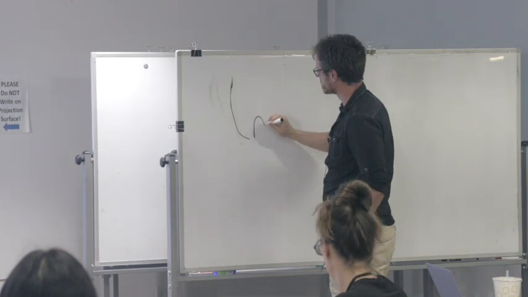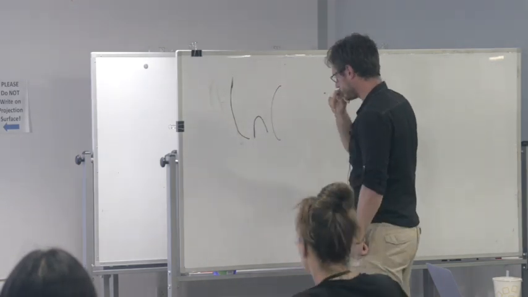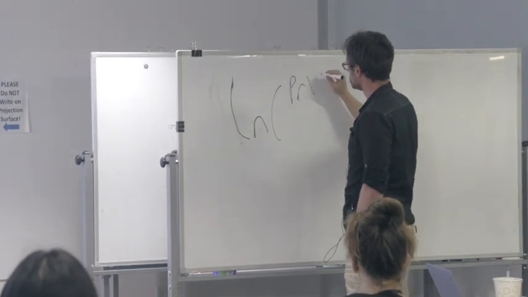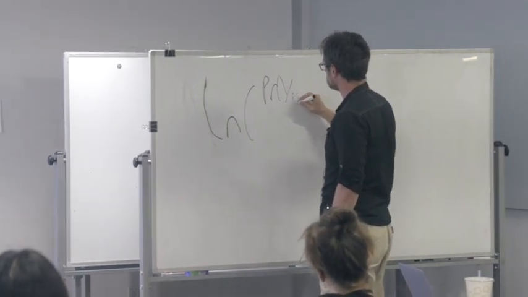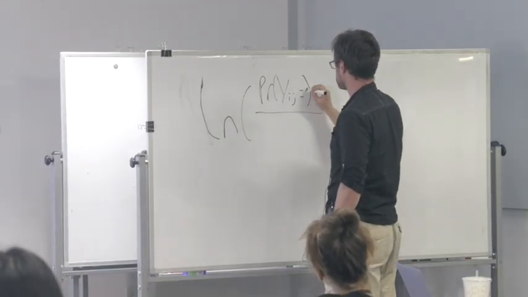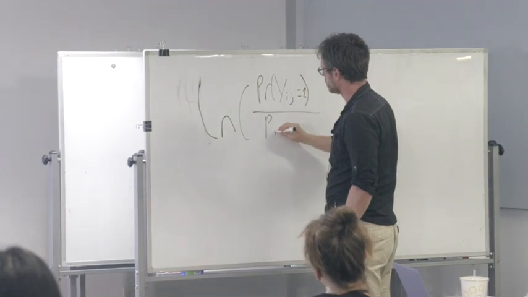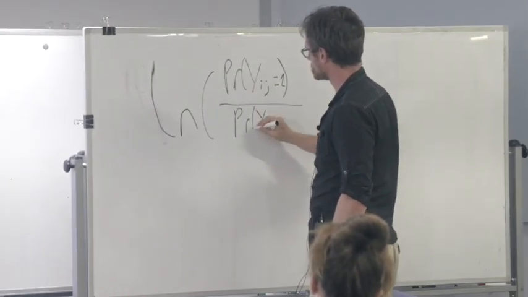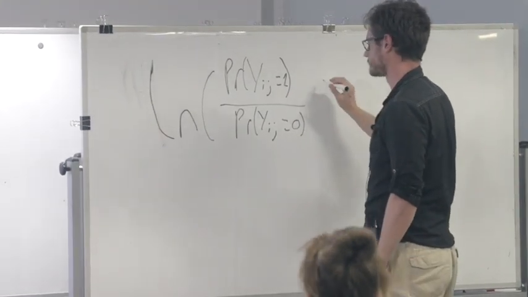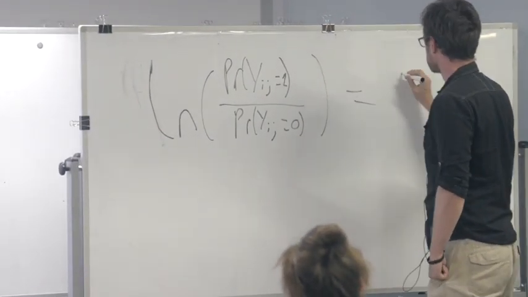The simplest way to think about ERGM is simply as a logistic regression of the probability of observing some tie at a dyadic level.